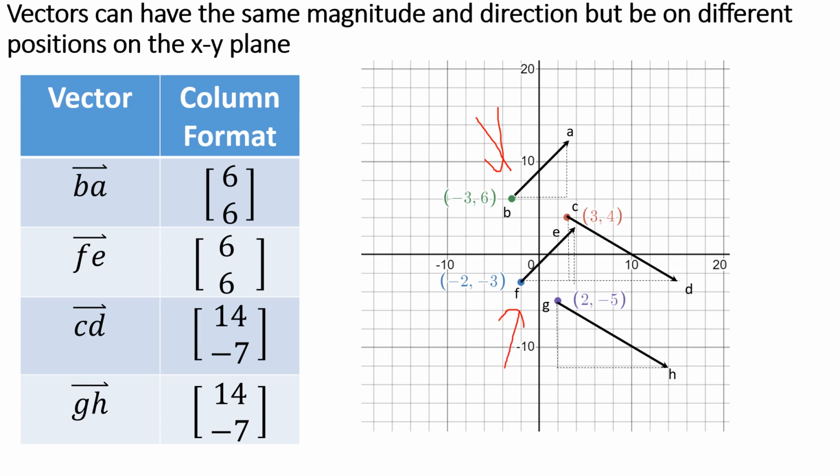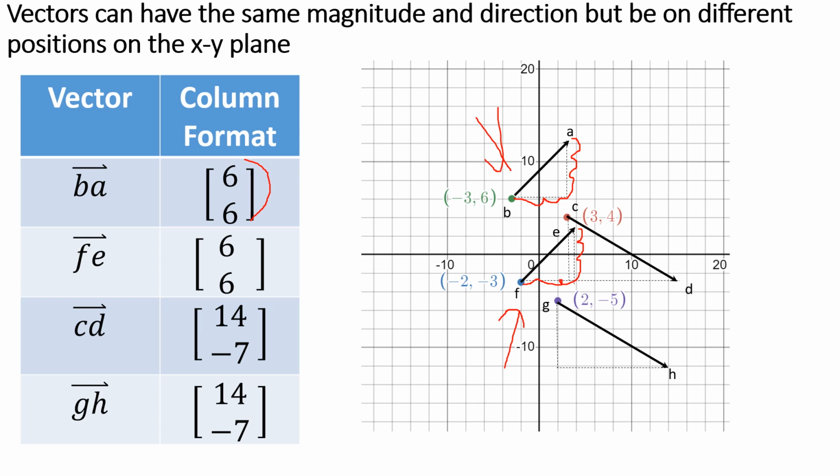Notice they're both the same distance. This is 1, 3, 5, 6, so this is 6 across, and this is 2, 4, 6 up, which is what this is right here. This is also 2, 4, 6 across, and then 2, 4, 6 up.